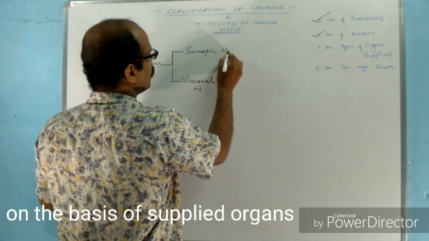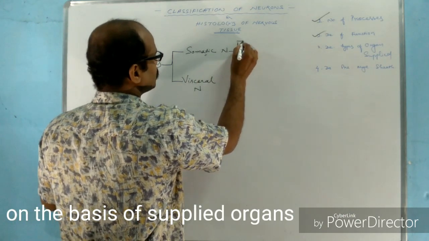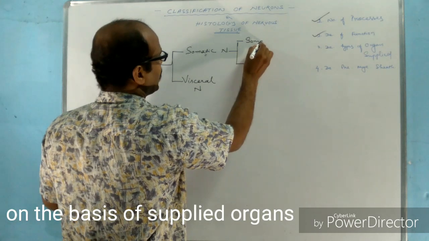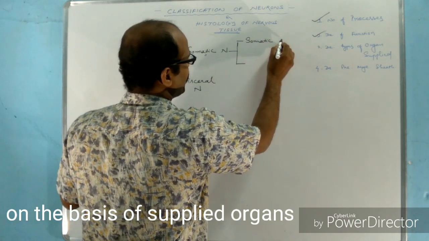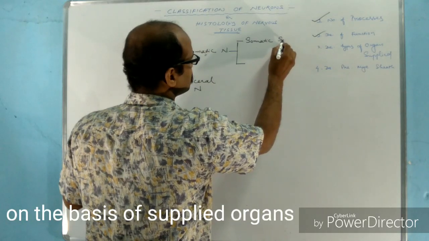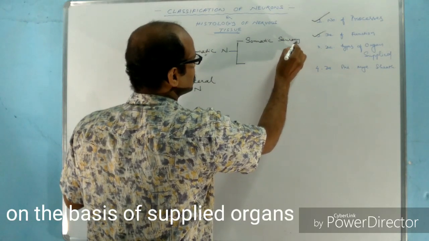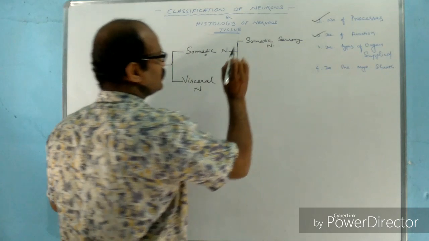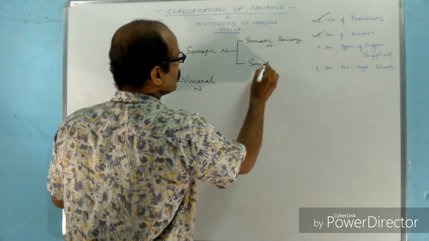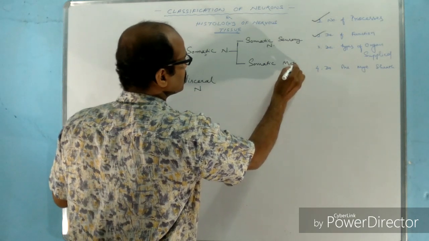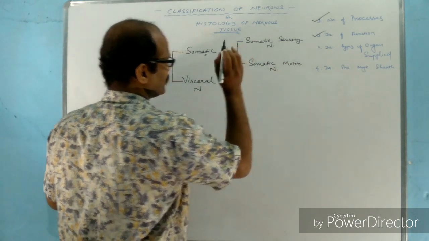The somatic neurons may be of 2 types: somatic sensory or afferent neurons, and somatic motor neurons.